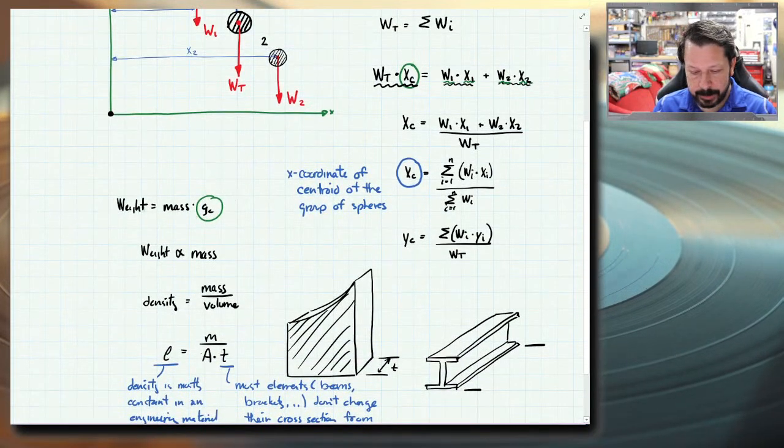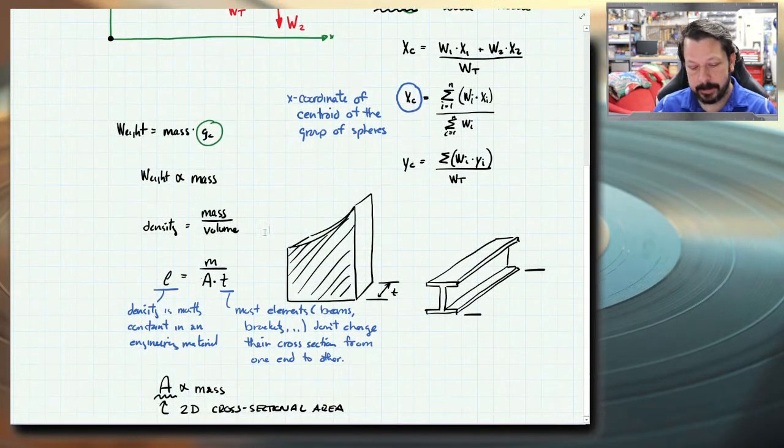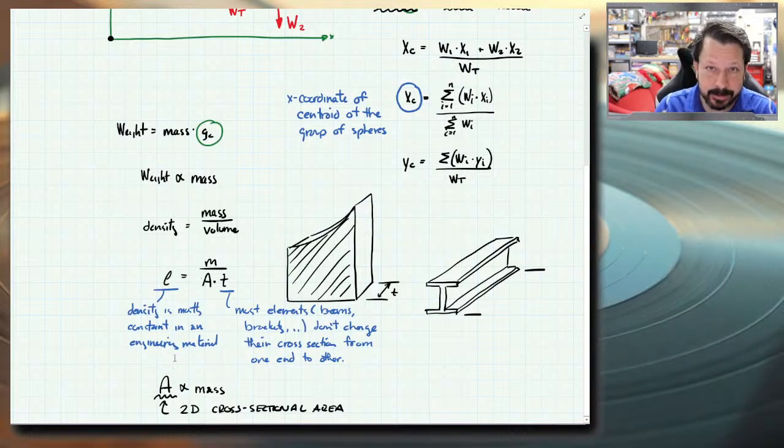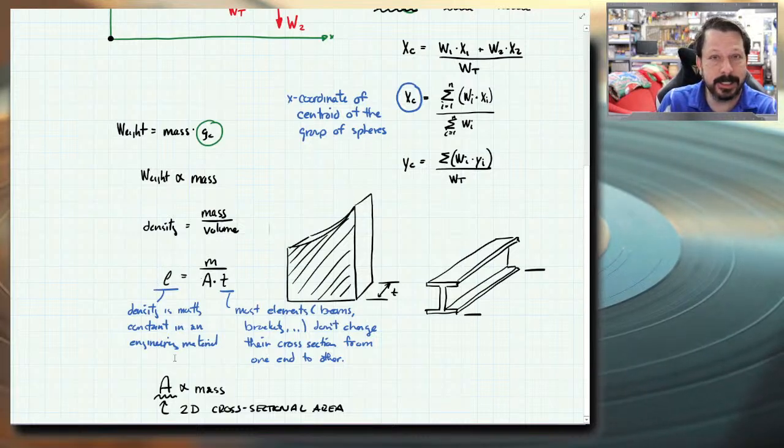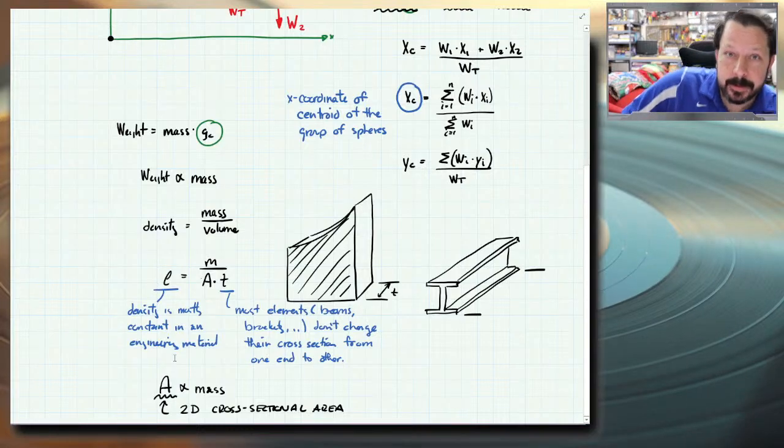And I said, well, weight is proportional to mass as long as I'm in the same gravitational field, which I should be. And mass is proportional to the cross-sectional area, assuming that the material doesn't change density somewhere along its size, and it doesn't change its cross-section. So the one that's the most constraining here is that it doesn't change its cross-sectional shape.